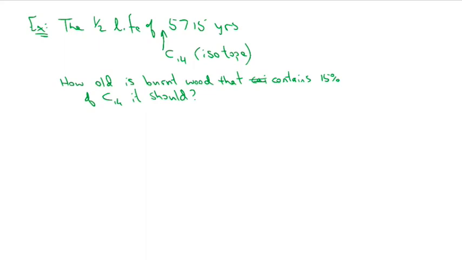Rocks do not absorb carbon 14 since they're not alive. So they know how much carbon 14 is in a log that you just chopped down. Once it stops growing and absorbing materials, it stops getting carbon 14. So if they can find wood that only contains 15% of what it should, you should be able to date it. All right? So how do I start this?